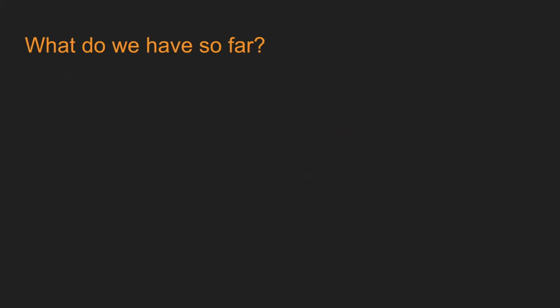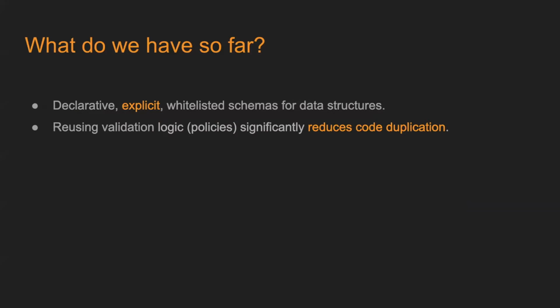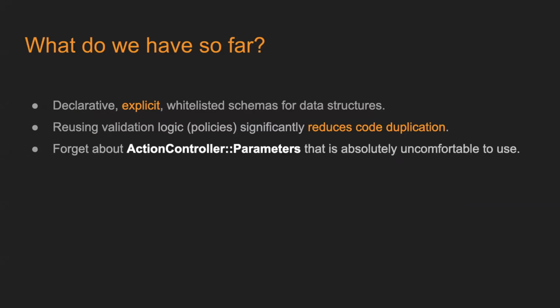So, the Parametric gem provides declarative, explicit, and whitelisted schemas for data structures. It allows you to reuse the validation logic, which significantly reduces code duplication. You should forget about ActionController parameters. That is an absolutely weird thing.